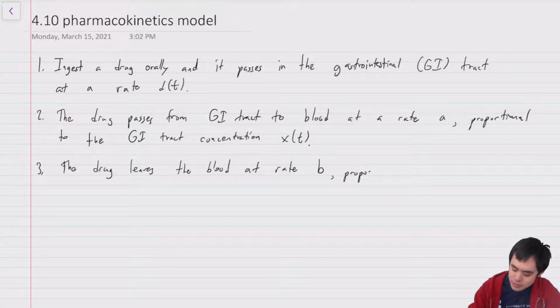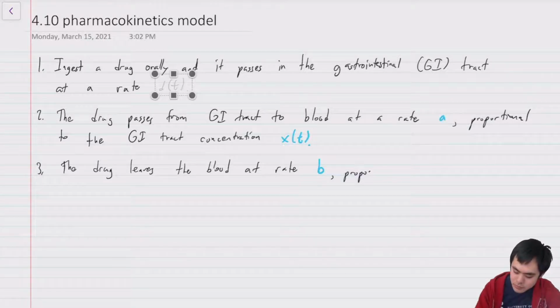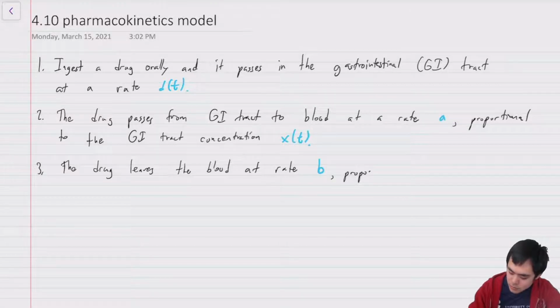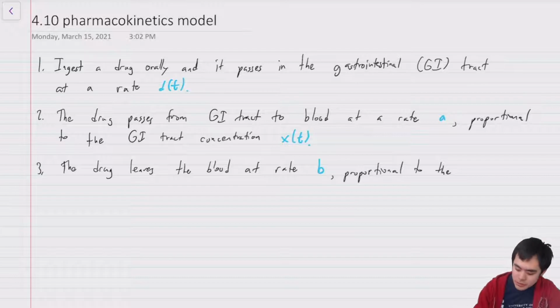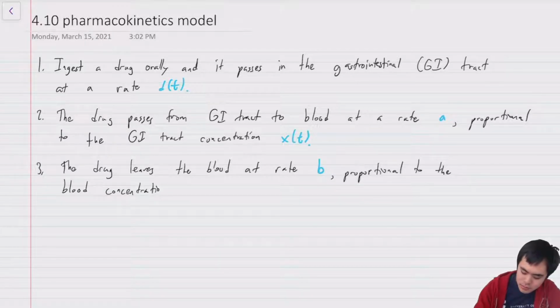Actually, let me put this in color just so it's more obvious that these are parameters.